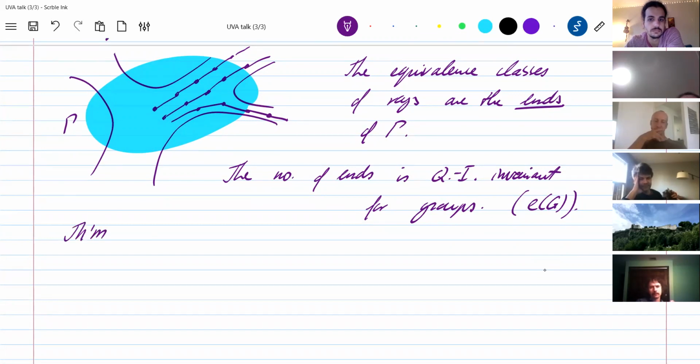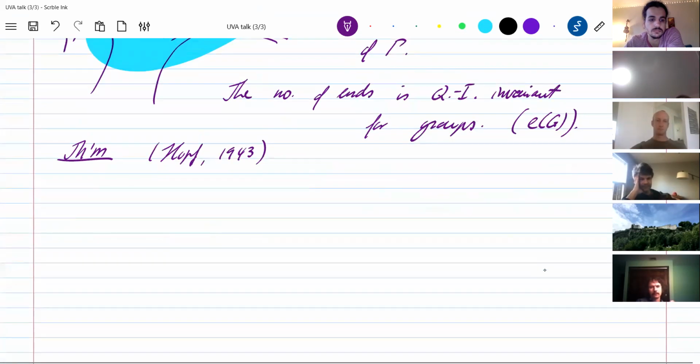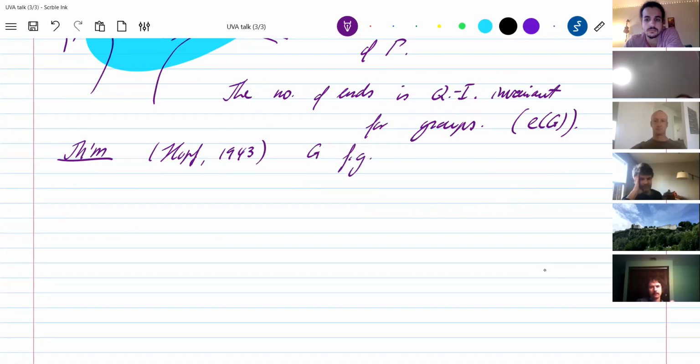Okay, and this number of ends is actually intimately connected to the structure of the group. So Hopf in 1943, lots of old results in this talk I'm quoting. If we have a finitely generated group, then we can have a nice dictionary between the number of ends and properties of the group. So first of all, the number of ends of a group can't be just anything.